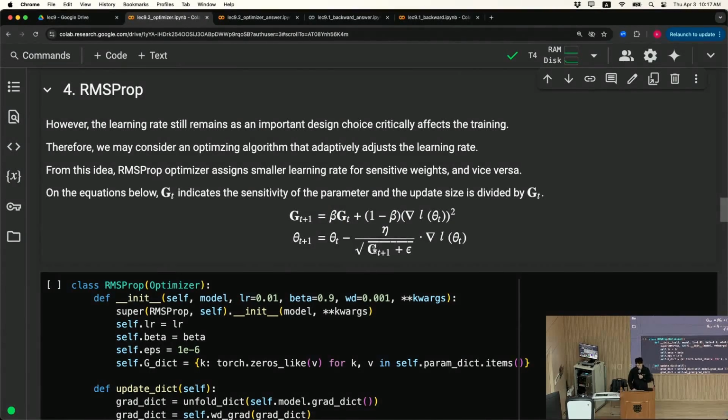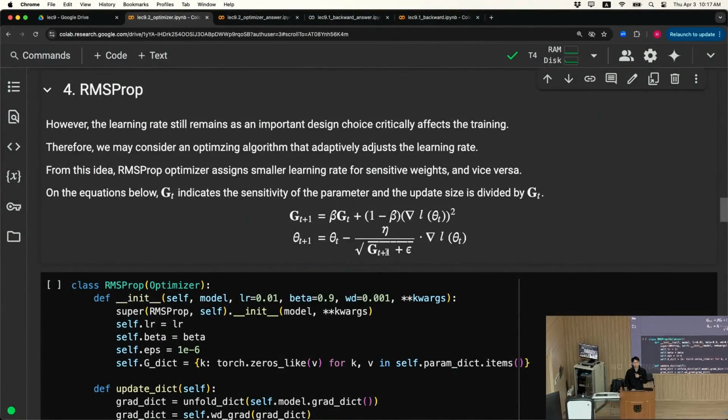And we're going to do inverse scaling. So if the size is large, then we're going to divide by the square root of G_t plus epsilon. Don't worry about the square root plus epsilon, just a minor detail. The important thing is we're going to multiply by the inverse of G. So if the partial derivative is very large, we're going to scale it down. If the partial derivative is very small, we're going to scale it up.